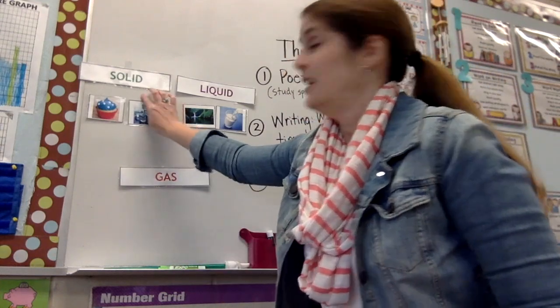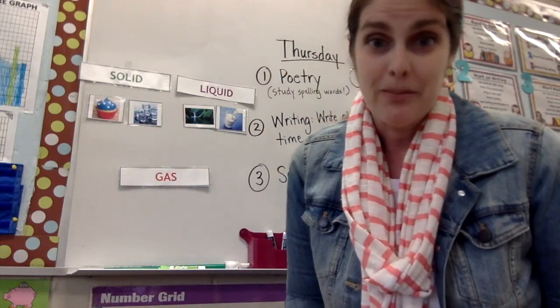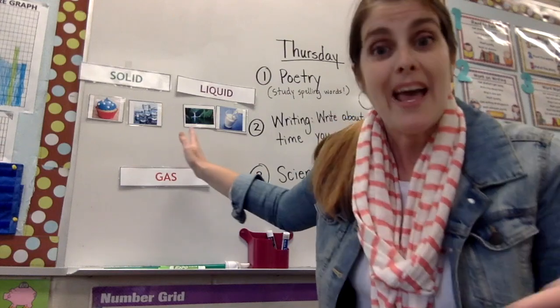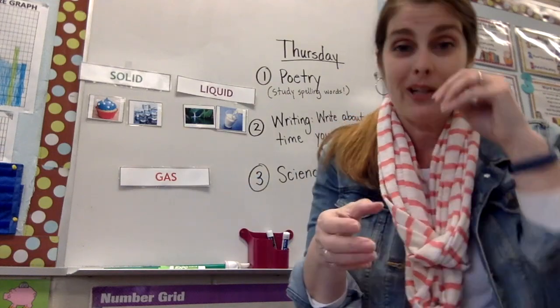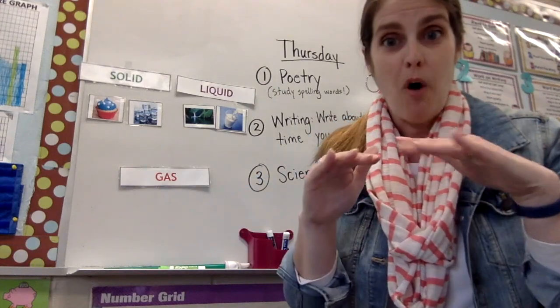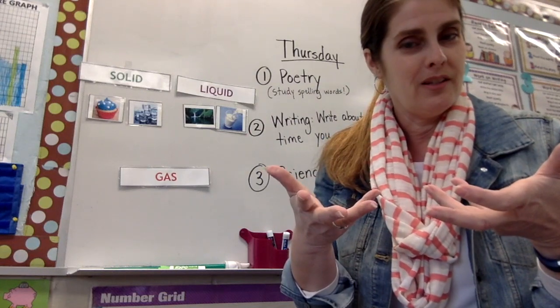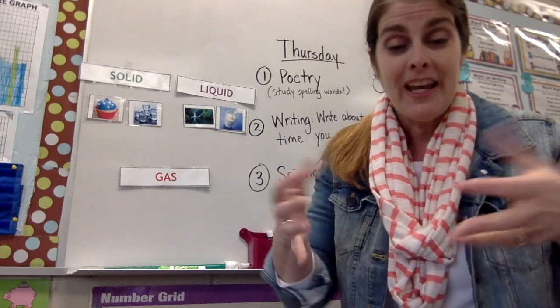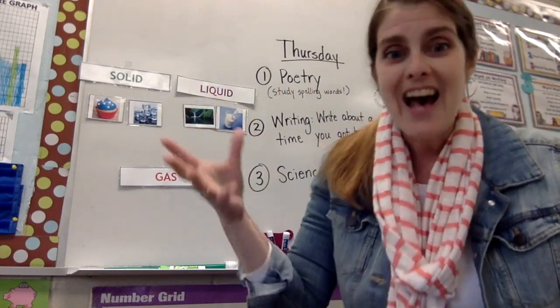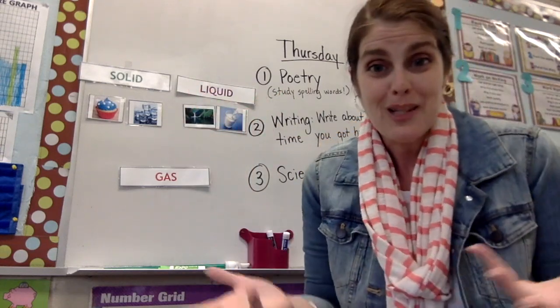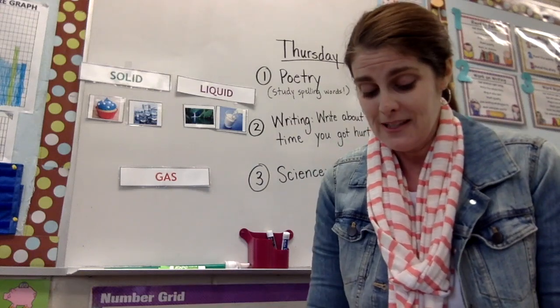But the ice can easily melt and then it could become a liquid. And remember when we had our cups that we would collect the snow in and then they turned to water? And then what happened to that water that was in our cups? It evaporated, right? It turned into a gas. We watched that happen. That was pretty amazing.